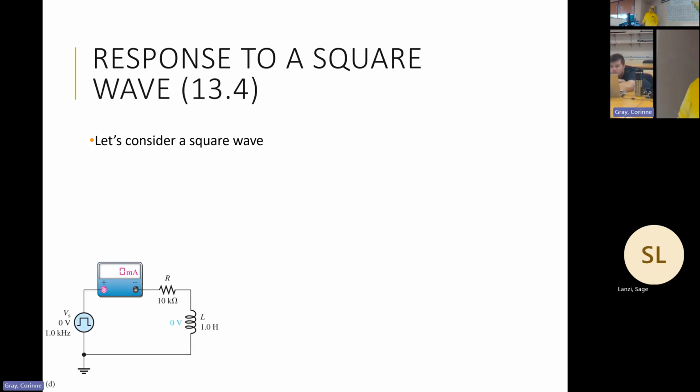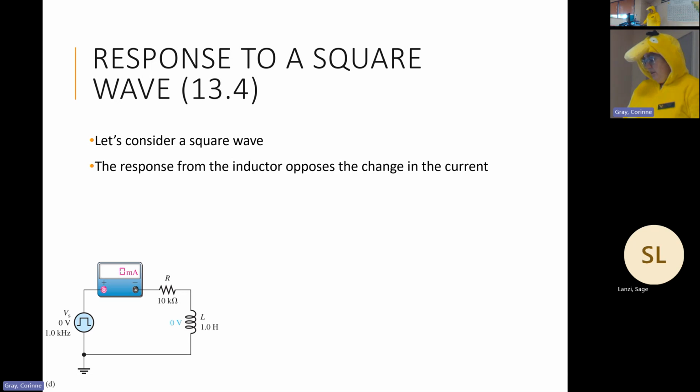So let's consider a square wave. I know realistically the square wave is not real, but it's very nice for showing the behaviors that we have for our inductor. Here a square wave comes in, and we want to look at how the voltage and the current change across this inductor. Say it's at 0, and then we turn on our source.